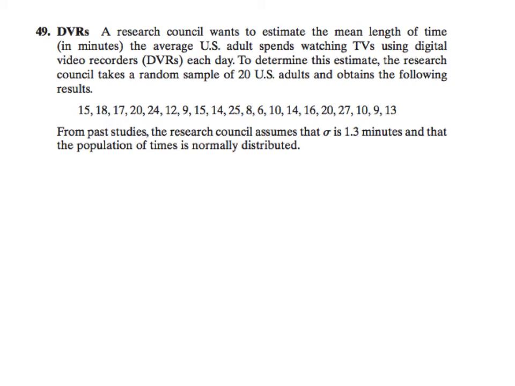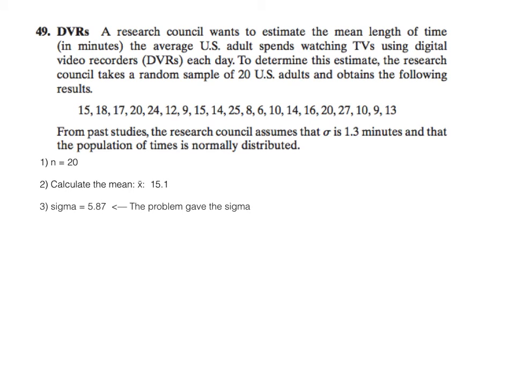My n, the number of items here, is 20. When I use my graphing calculator and I do stats, calculate one variable, statistics, enter, I get that x bar, or the mean, is 15.1 minutes. So that's the average number of minutes that this random sample of 20 adults spends looking at DVRs each day.